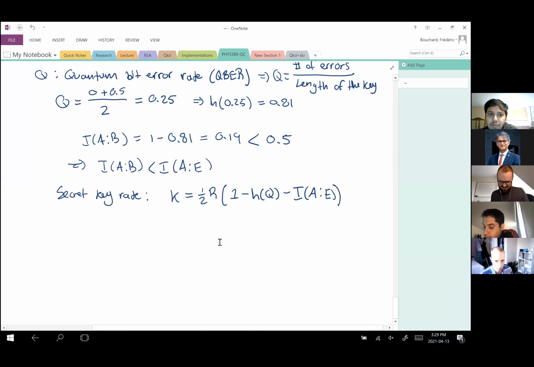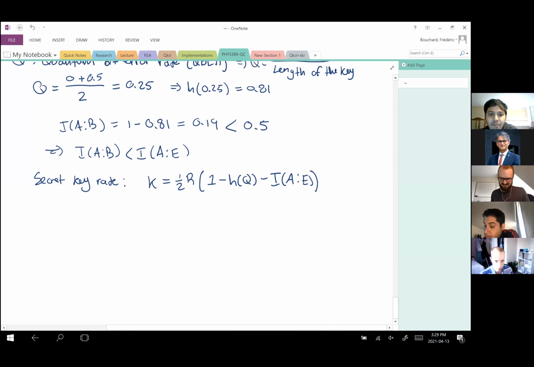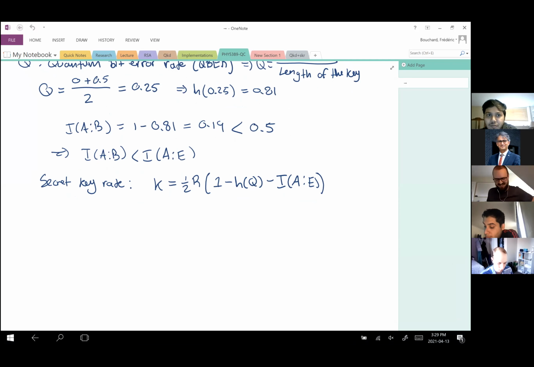Okay, this is how the secret key rate looks, just to remind you. One way to understand what's going on with the secret key rate is that you have your initial raw key that has some errors and that Eve has some information about. Then you have this term here, which is the fraction of your key you have to give away to do error correction.